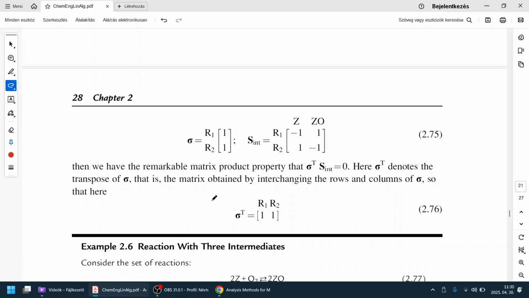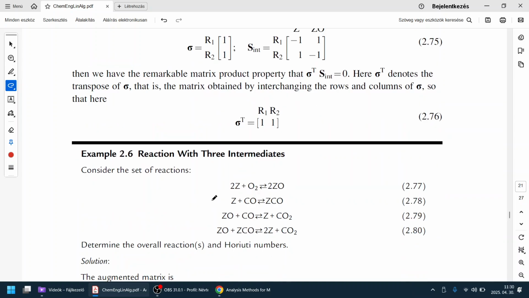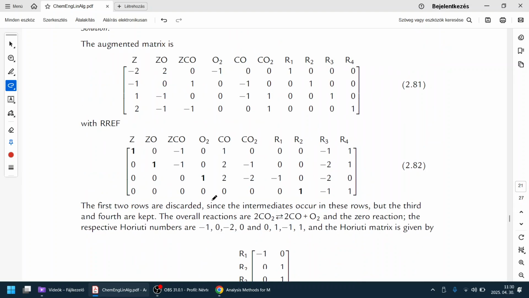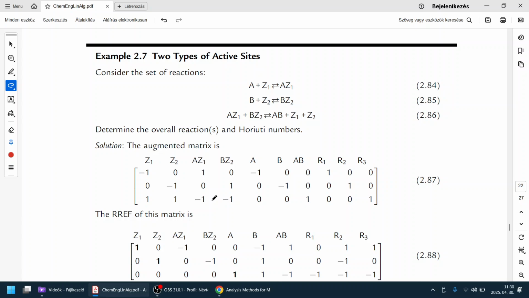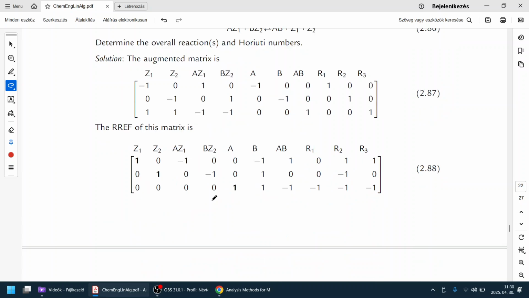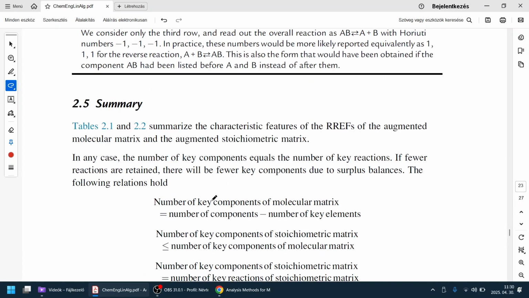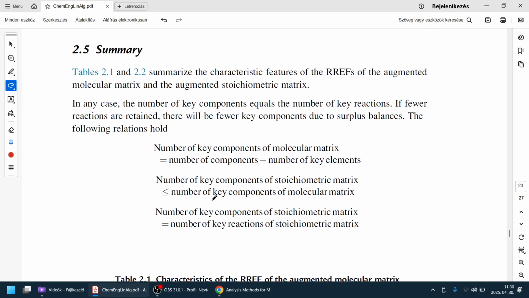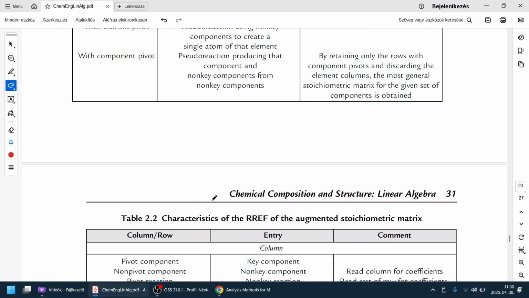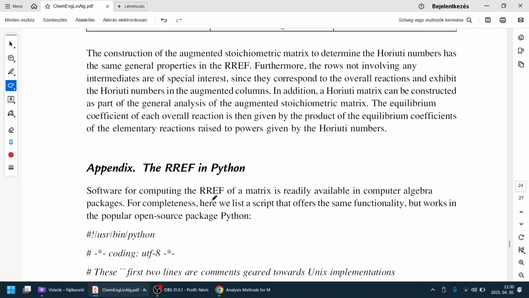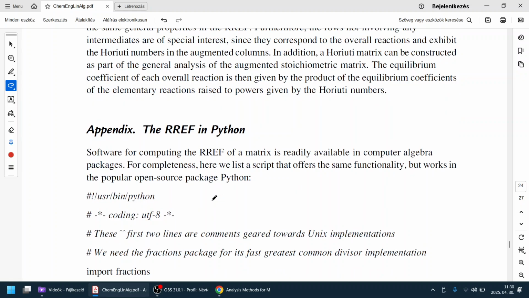Transparent. Wow. And this is a Python code.